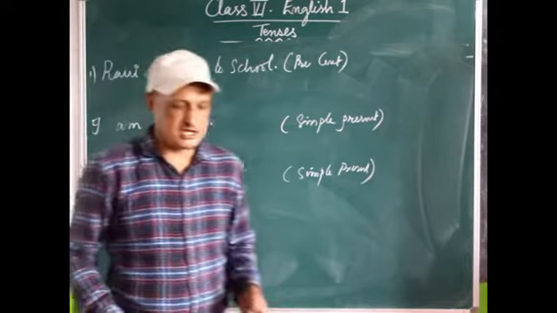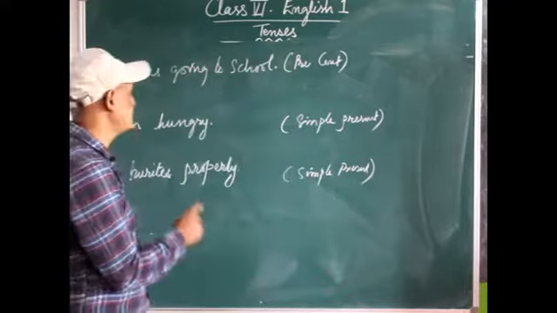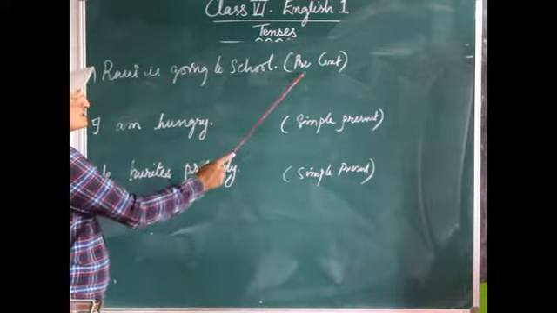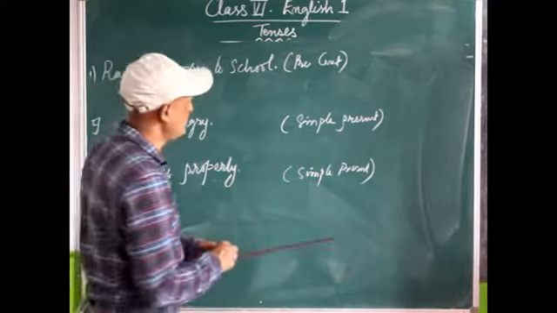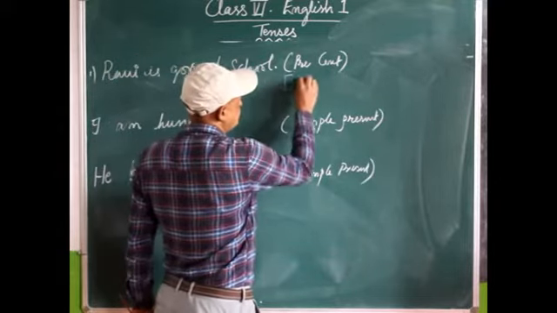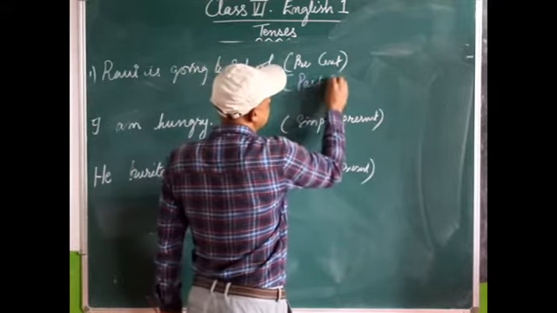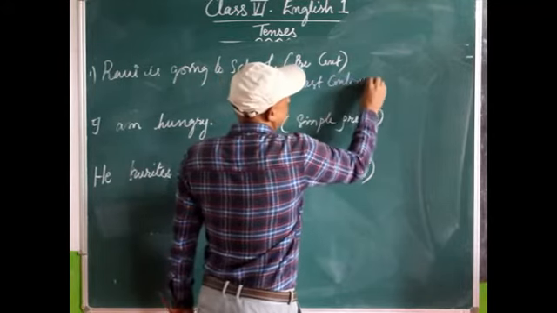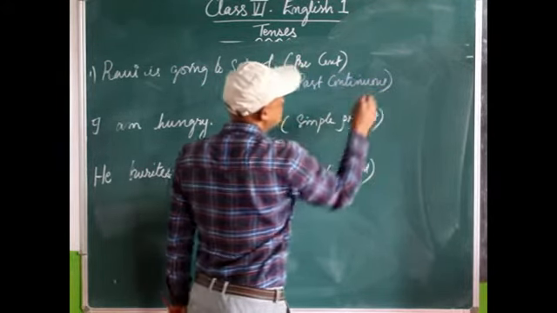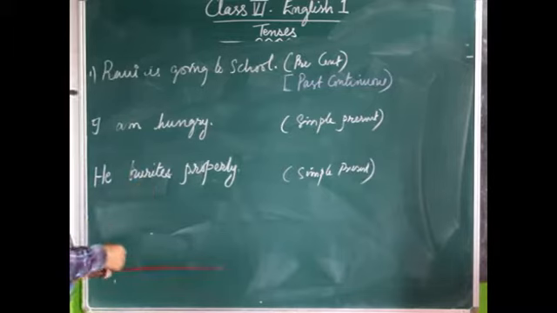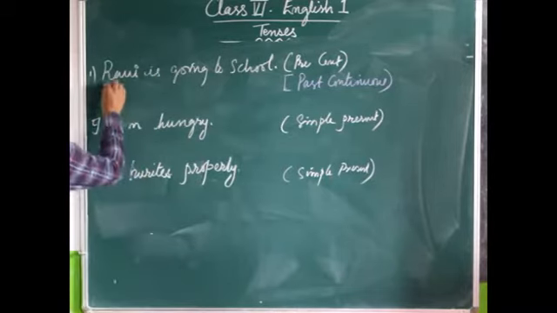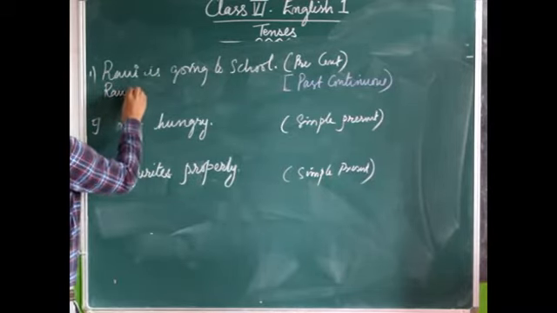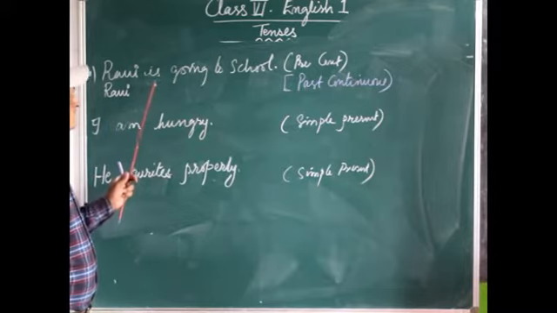Now let us change this particular sentence to the past continuous. We are supposed to write in the past continuous. So what will be that? We'll have the same thing. Ravi. What will happen here? Helping verb.